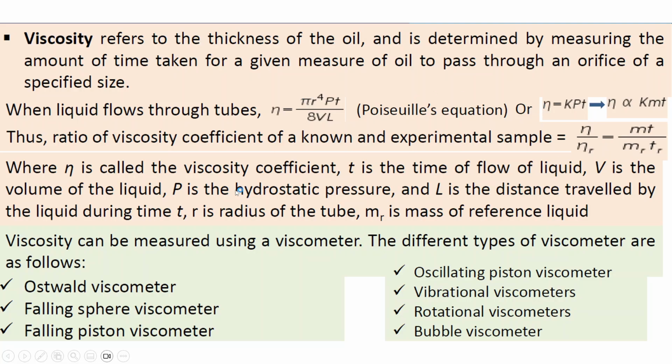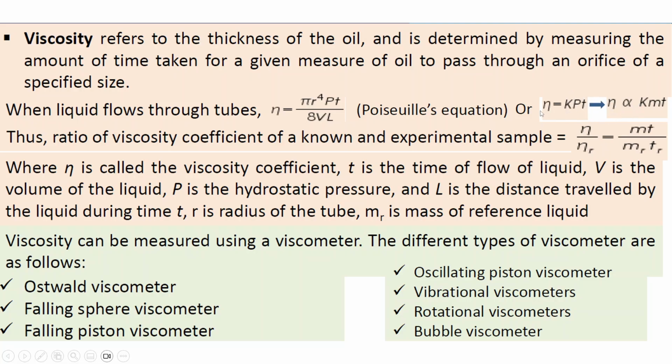So here we can say that r, the radius of the tube, is fixed, the volume of the liquid is also fixed, and the distance traveled by the liquid during the time t is also fixed. So, taking this value as constant, which is K, and P is the hydrostatic pressure given by mgh, therefore P is proportional to mass, and t is the time.